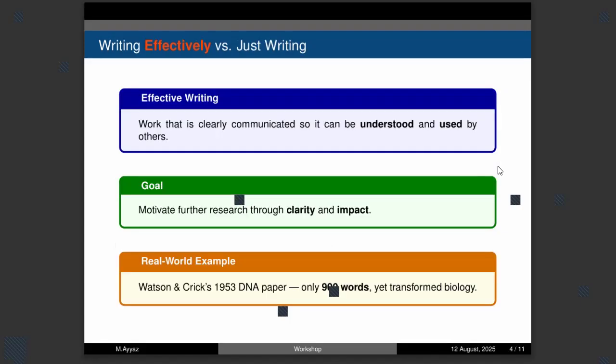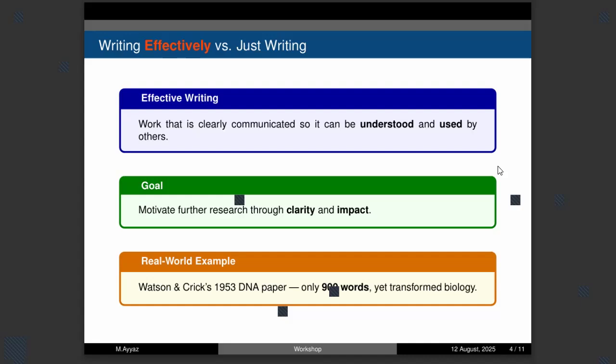So there's a difference between writing effectively and just writing. Effective writing conveys the message that we are trying to convey to our audience in a very effective way, and it makes our content more palatable for the audience.